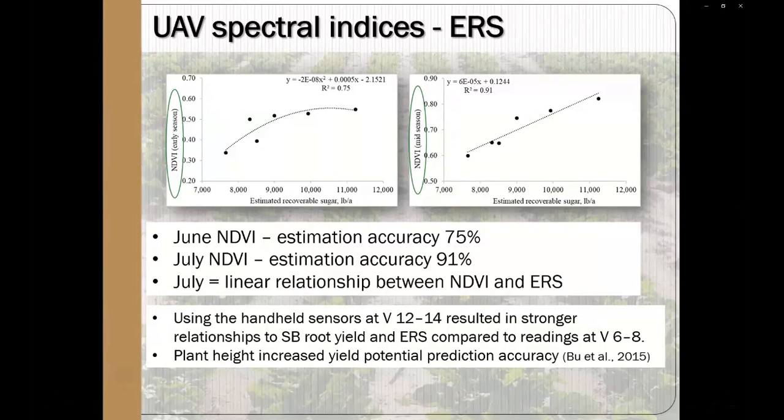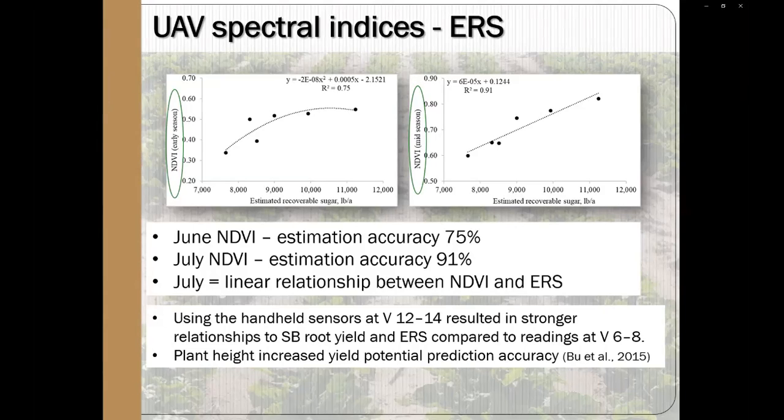And here's the relationship between the estimated recoverable sugar and NDVI. Again, the June data is on the left and the July data is on the right. Just as with the sugar beet root yield, the estimation accuracy goes up from 75 to over 90% between June and July.